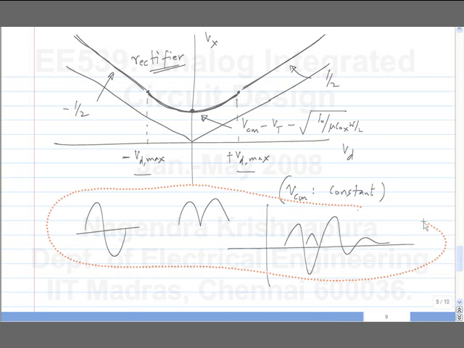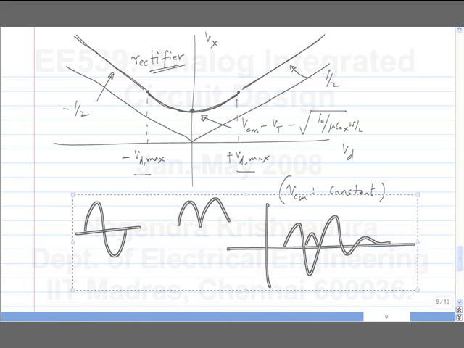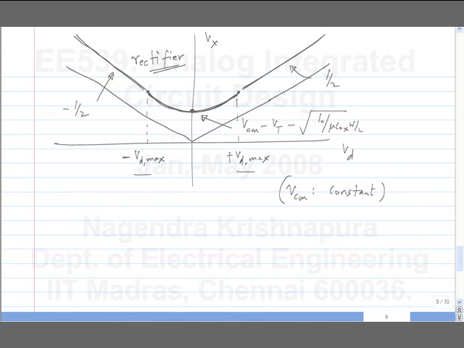So this can be used for a rectifier, but this was actually some sort of side business. Our main interest was in VO1 and VO2. We happen to calculate Vx, and then we also find that it is interesting and useful in some applications. So if you do want to make a rectifier, by the way, this is a rectifier for the differential input Vd, right? We have not yet seen what happens for the common mode input.